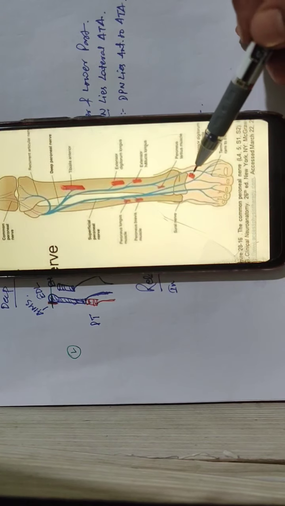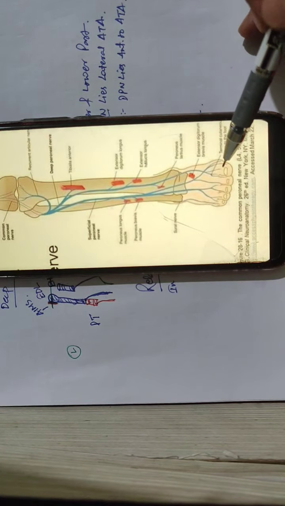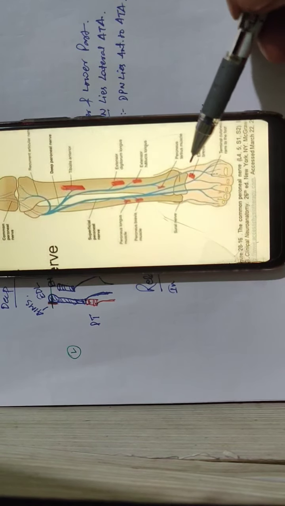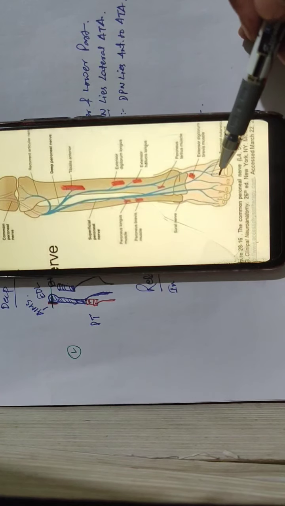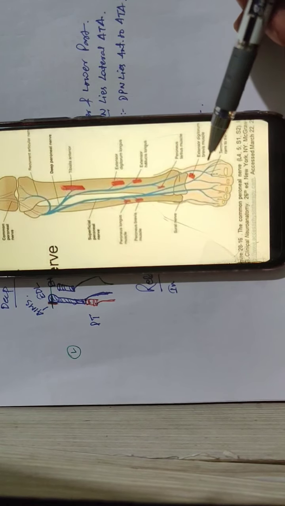That means this one is the cutaneous branch. It goes to the first toe or great toe, and this is the first interdigital cleft. So the cutaneous branch supplies the first interdigital cleft.